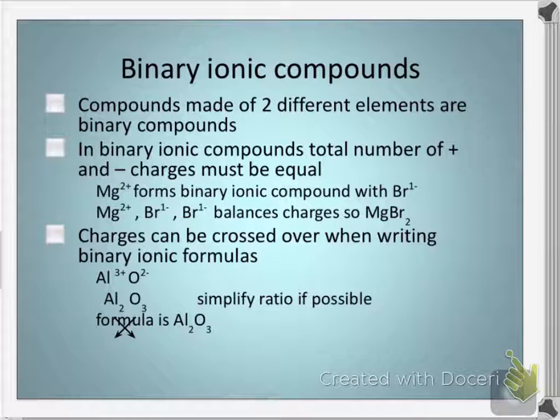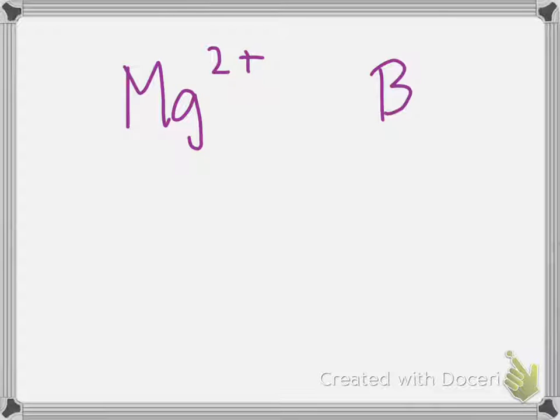So if we look at magnesium bromide, Mg2+ forms a compound with a bromide ion. When we look at the two ions that are participating and we want to figure out the ratio that will work, we do this crisscross. So for magnesium 2+, bromine 1-.